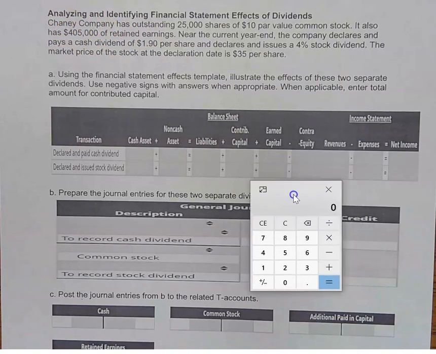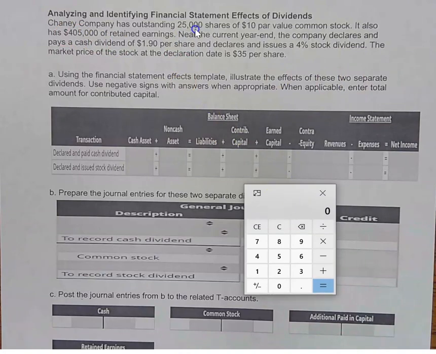So we're going to bring over our calculator, and we've got 25,000 shares of common stock, and in the scenario it says they declared and paid a cash dividend of $1.90 per share. So they paid this $1.90 dividend on all 25,000 shares.